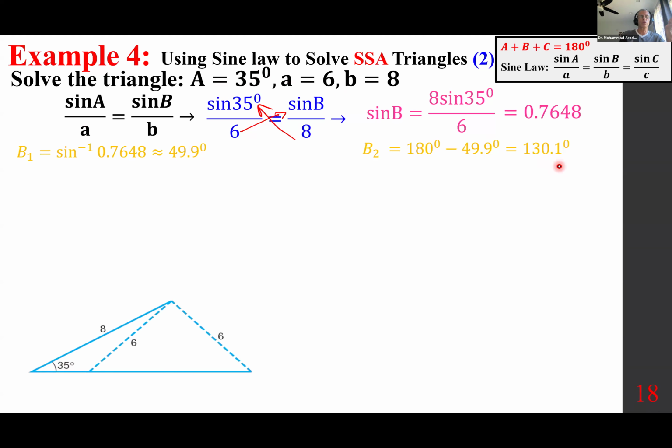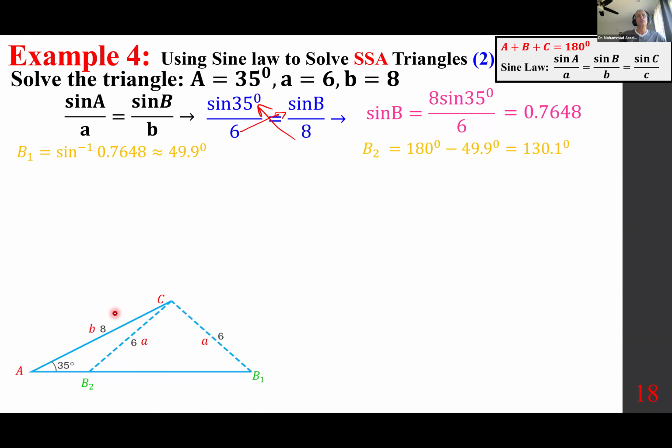If we were to do the drawing, this is 35 degrees, A. We're going to call it B1, B2, C. The lowercase a side is 6, and this is also 6.